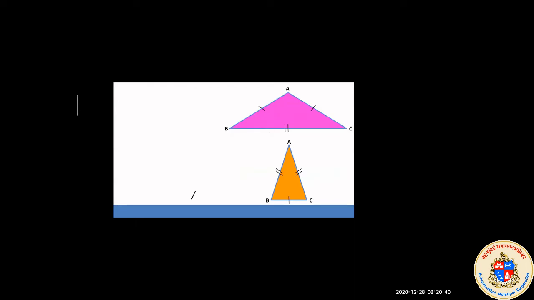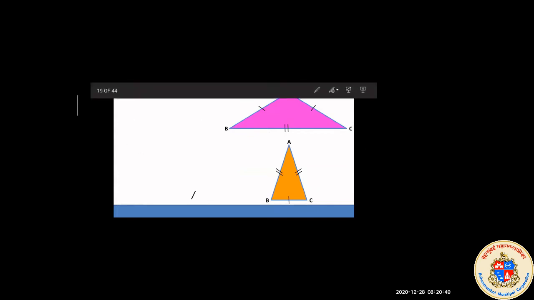Next, see here also you can see lines. See here, what you can see: length AB is one line, here it is also one line, but here it has two lines. So what can we say?